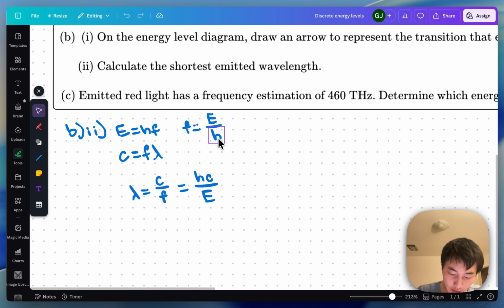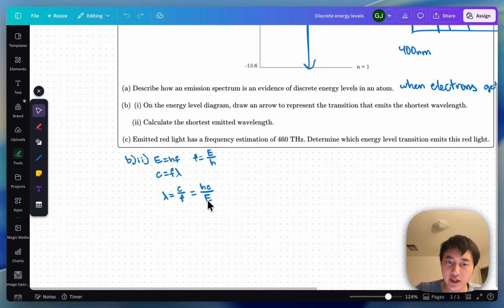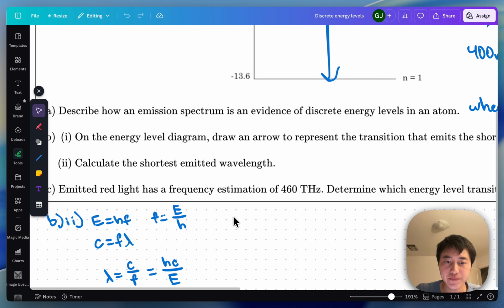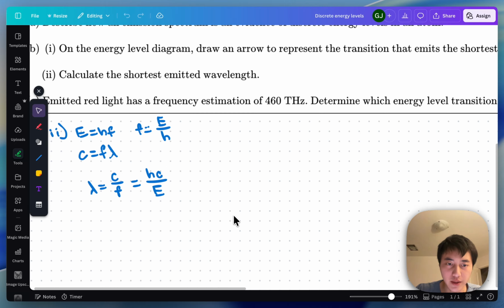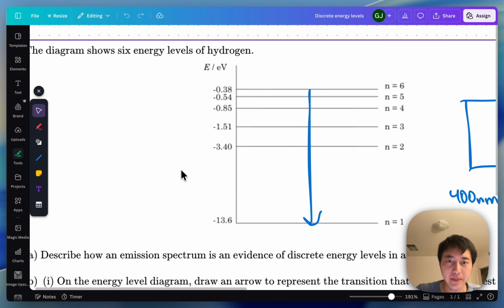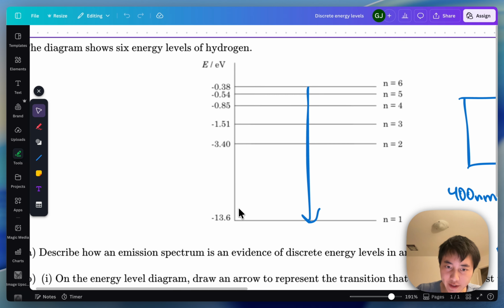So we know h, it's Planck's constant. We know the speed of light, it's a constant. E is the difference. We're just calculating the wavelength, so we just want the magnitude; negative or positive doesn't matter in this case.